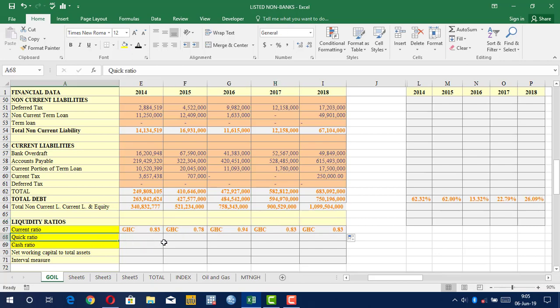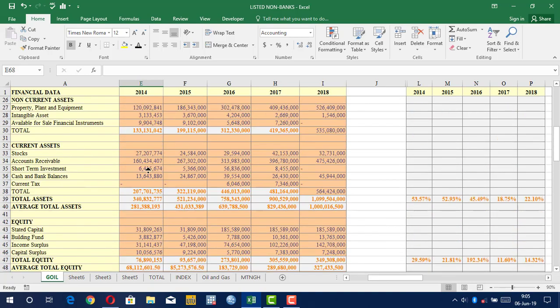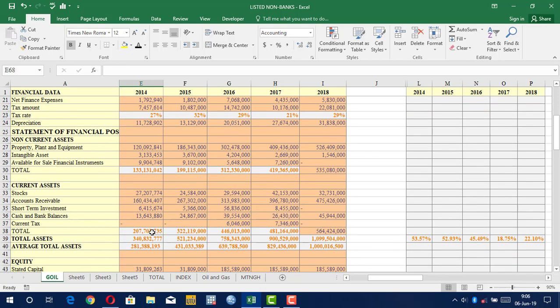Our next ratio is the quick ratio. The quick ratio simply refers to how liquid the firm is excluding its stock. The firm, in its current assets, has stocks, accounts receivable, short-term investments, and cash and cash balances. Stocks will take time before you sell them and realize any cash.